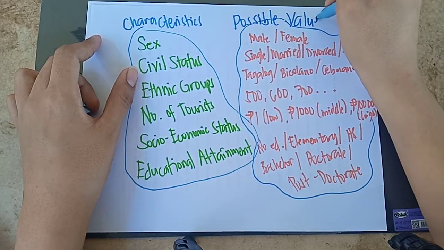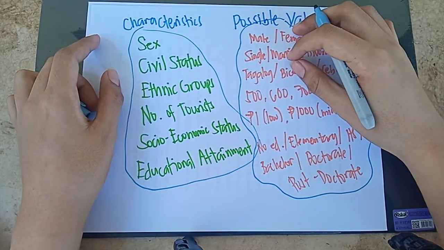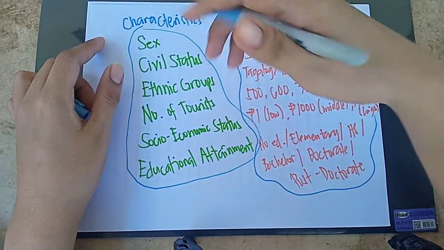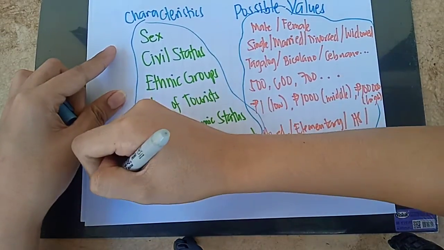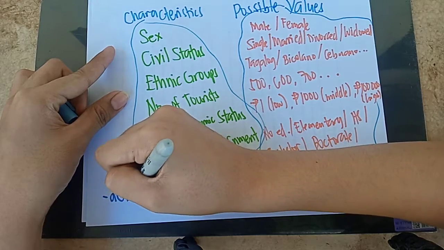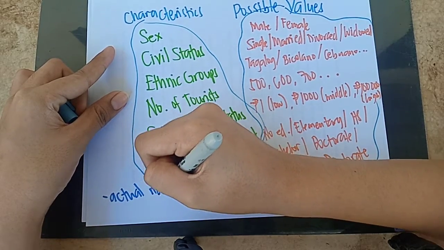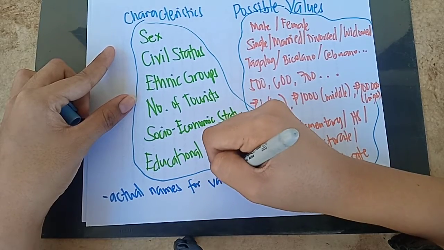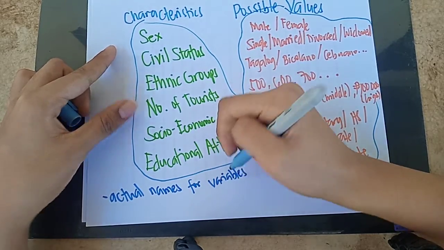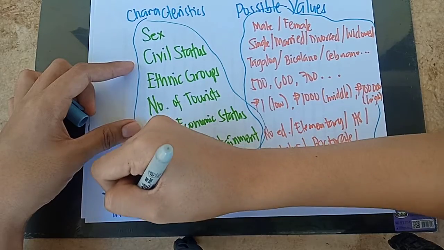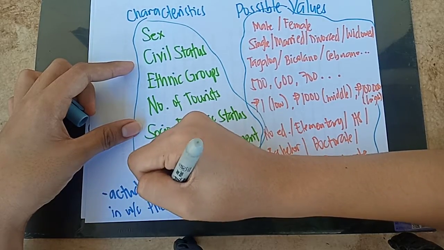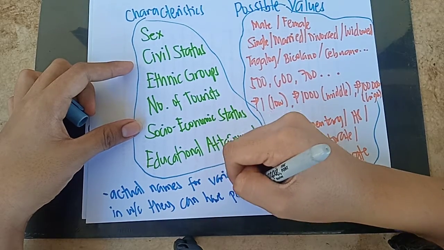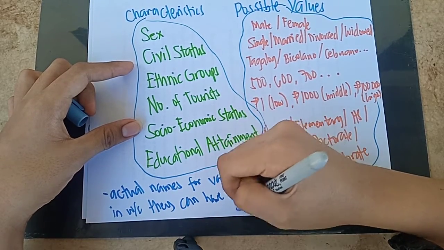So meaning to say, characteristics are considered to be the actual names for variables in which they can have possible values.